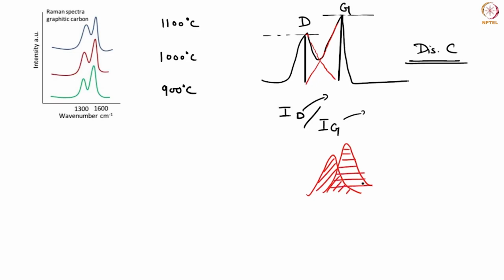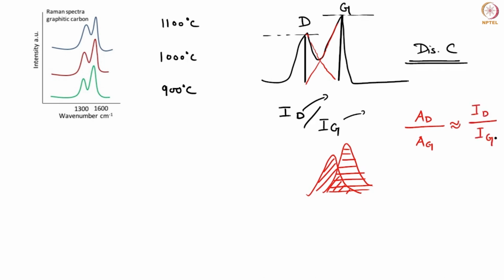So rather than just the height of the peak, what you would calculate is the area of both peaks. So basically it is the area of the D peak divided by the area of the G peak, but we will still call it the ID by IG ratio.